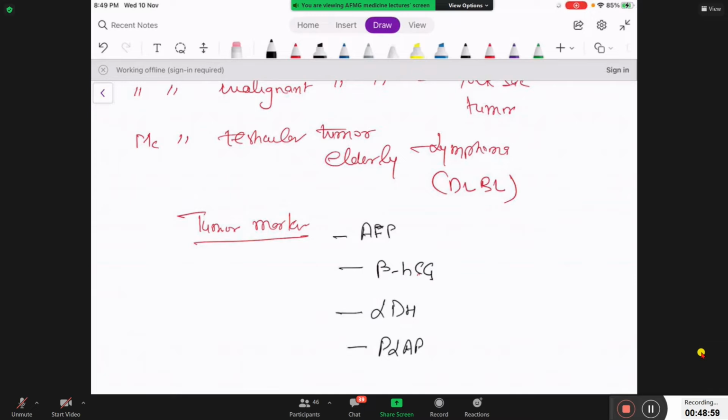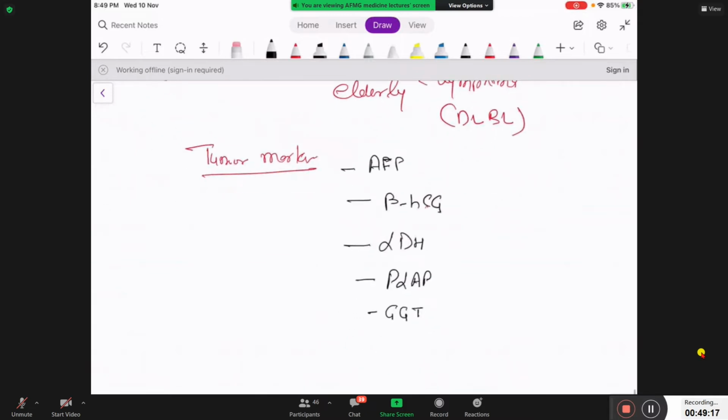Alpha fetoprotein, beta HCG, LDH, placental alkaline phosphatase, gamma glutamyl transpeptidase.